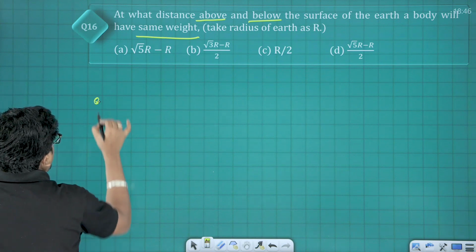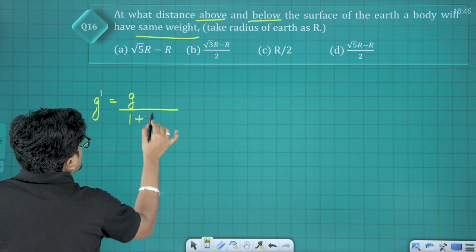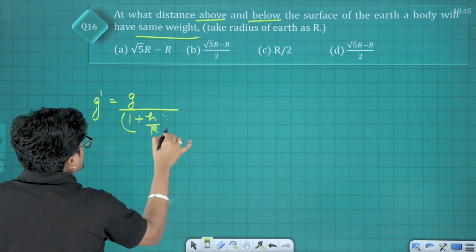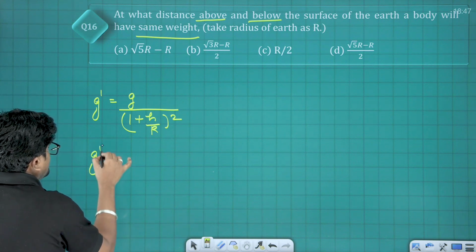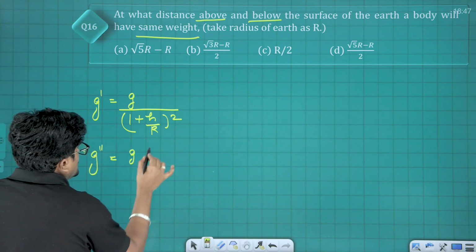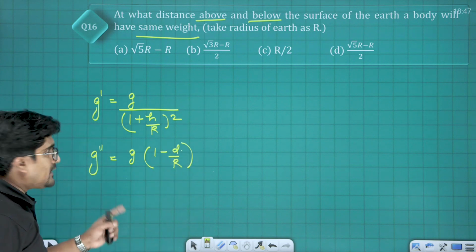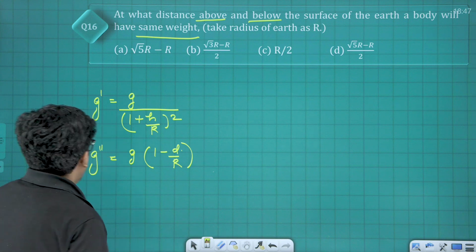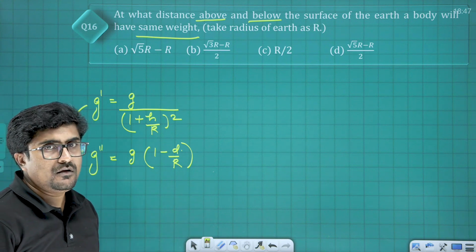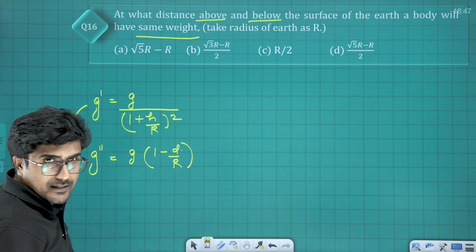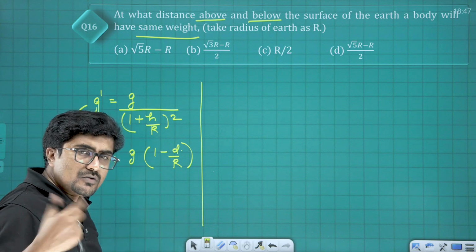At a particular height, acceleration due to gravity is g upon 1 plus h by r the all square, and at a particular depth we mark it as g into 1 minus d upon r. Now they say the body is having the same weight, so acceleration due to gravity needs to be the same.